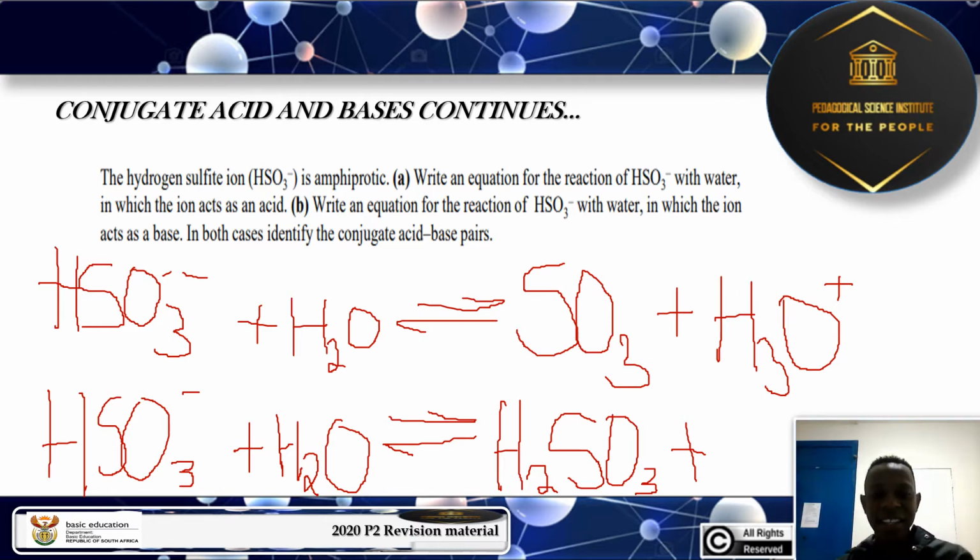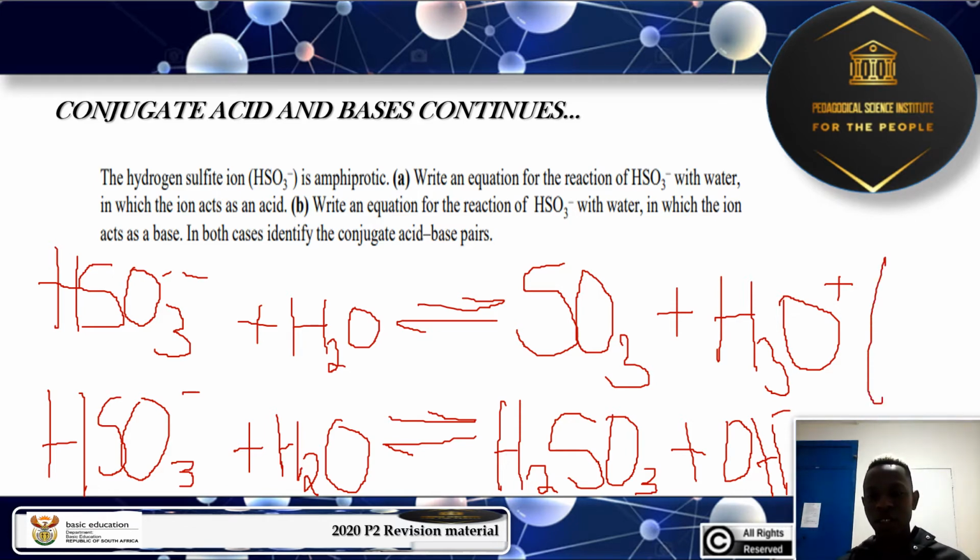As an acid it is going to donate only one H, so H2O is going to give OH⁻. That's how the equation is going to look.